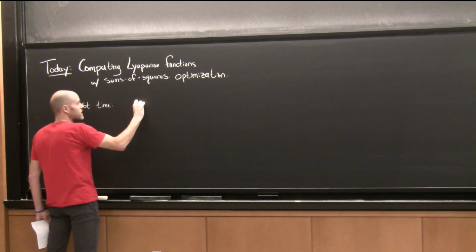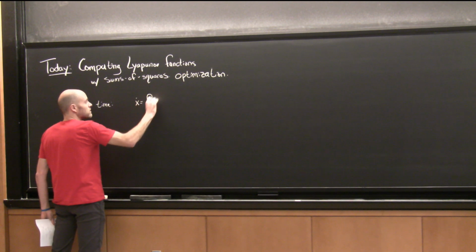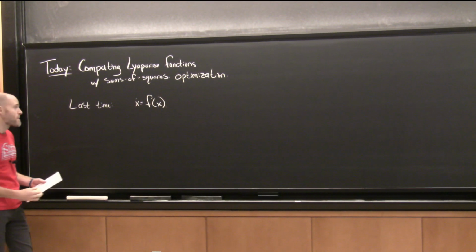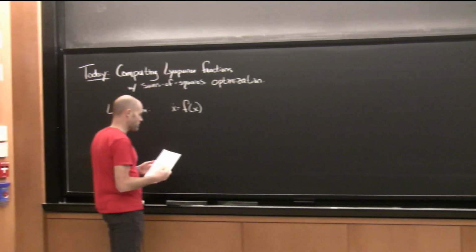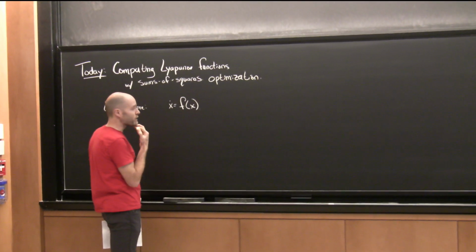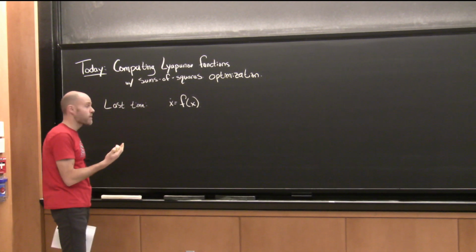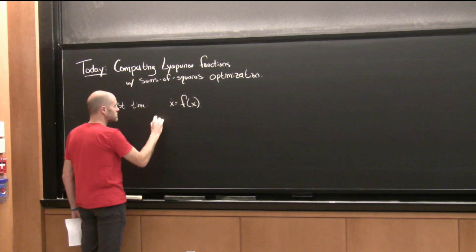So we said if we are given a closed-loop dynamical system, no u here, this is already with the feedback looped in, then we're going to formulate the search for Lyapunov functions as an optimization problem.